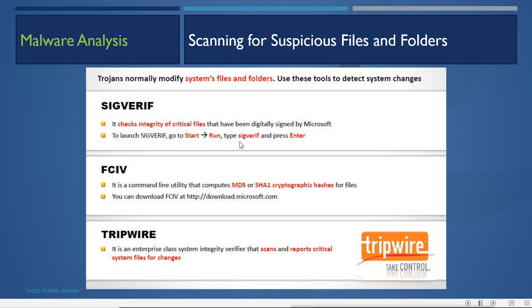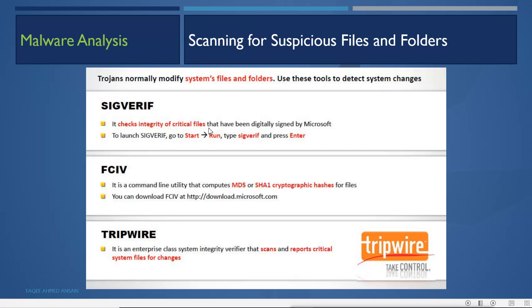It is going to verify all the drivers installed in your system, whether they are signed by Microsoft or not. So if you install any unsigned drivers, that may be a virus, and it will show you those drivers which are not signed by Microsoft.